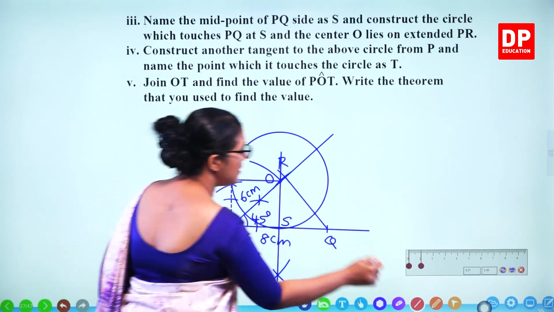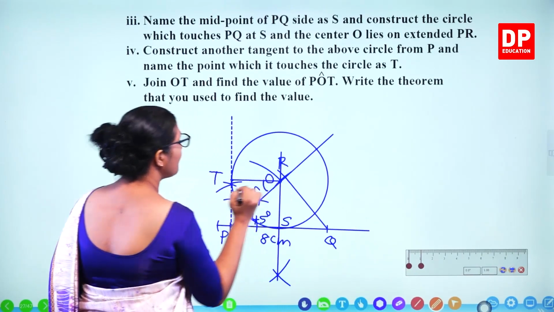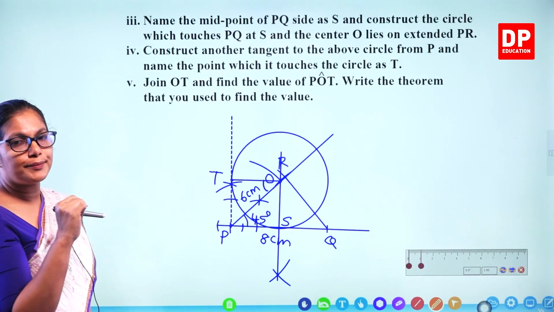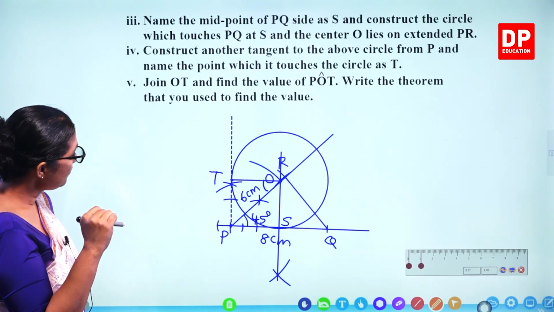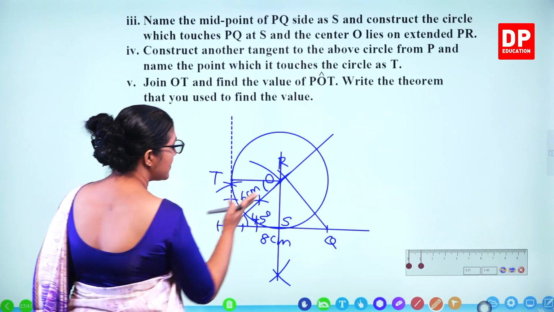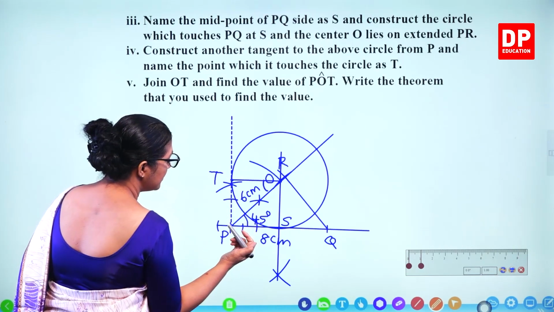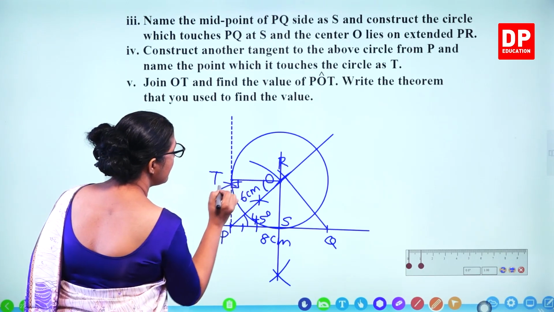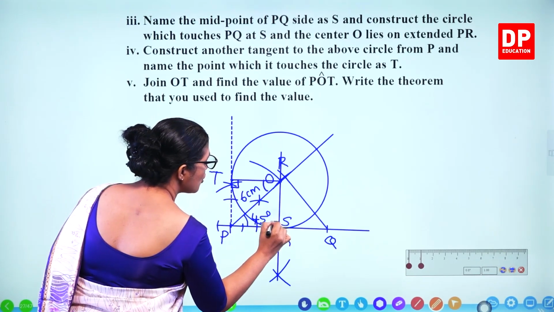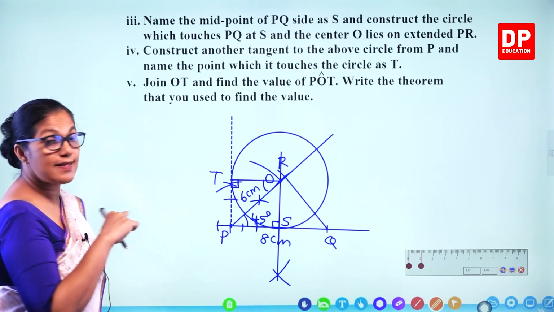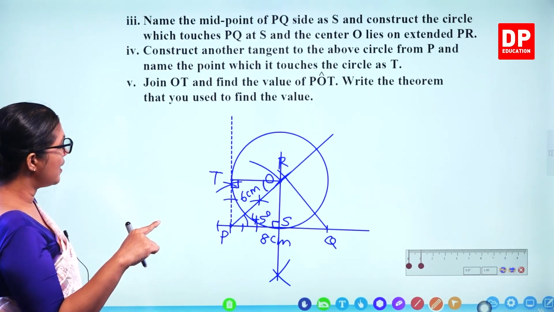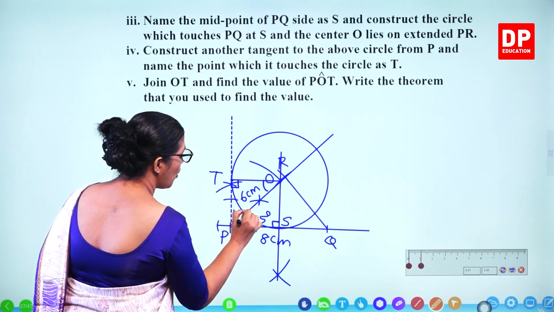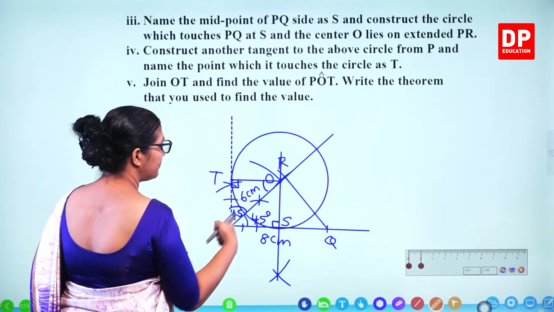POT angle, this one. Write the theorem that you use to find the value. So which one? We know this is the bisector of 90-degree angle. So this is the center. So this is 90 degrees and this also touches, this is 90 degrees. Radius and the tangent both are perpendicular. And this is 45 and this is 45 because this is the angle bisector.